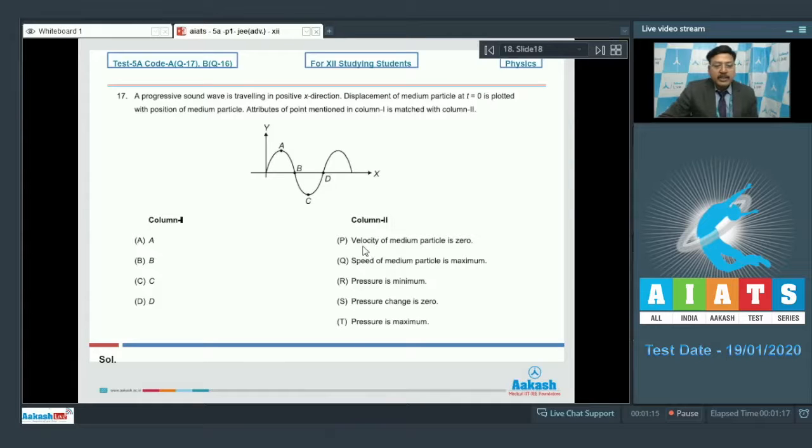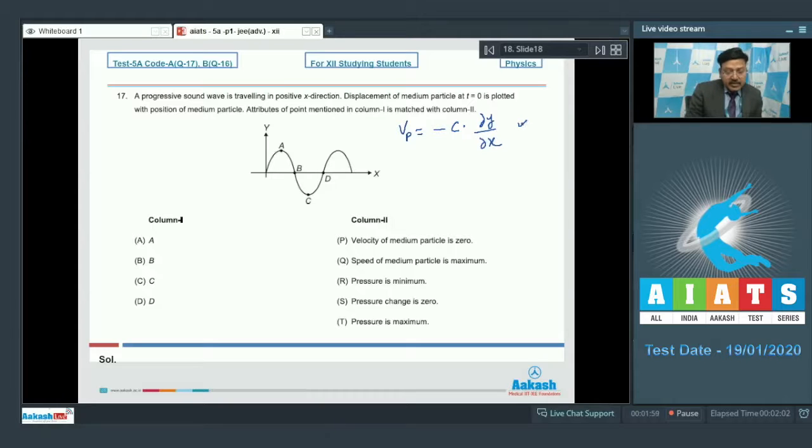Now the key concepts here are, we are concerned with particle velocity and pressure. In fact, these two are the key items to be considered here. Now, wave is traveling in positive x direction. So, if that is the case, then expression for particle velocity happens to be equal to minus speed of wave, let's call it c, into the slope at that point, which is del y by del x.